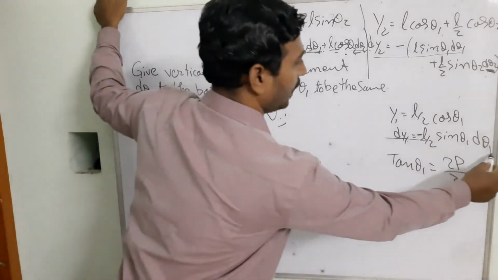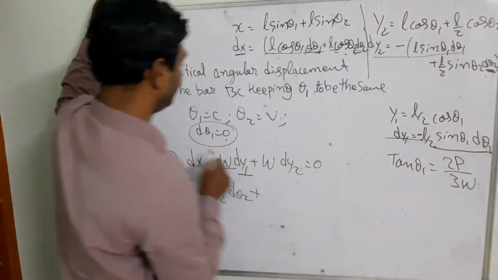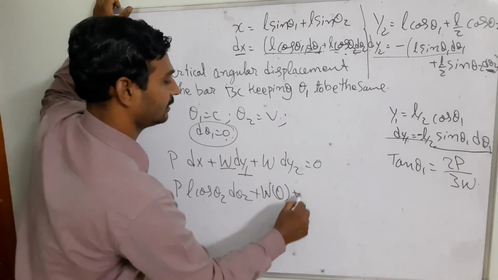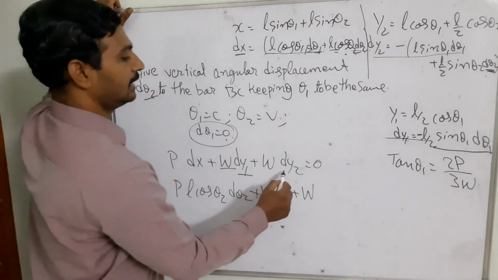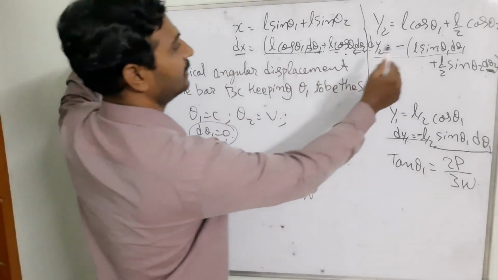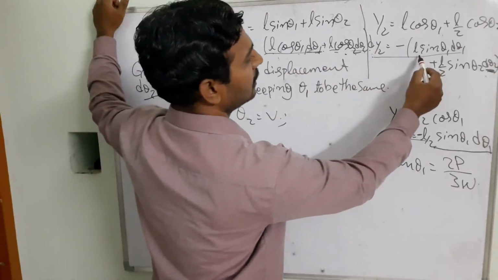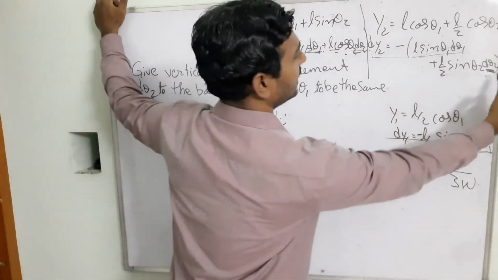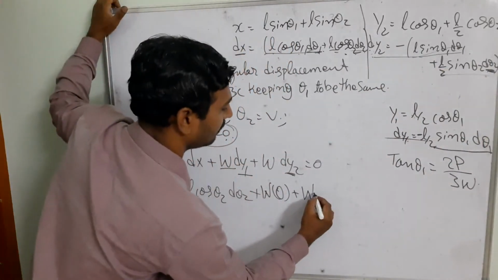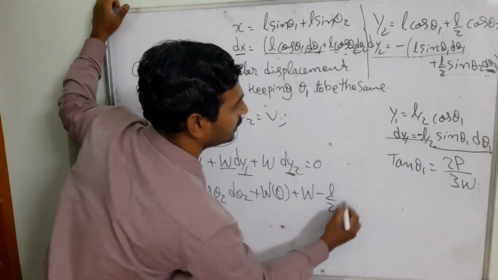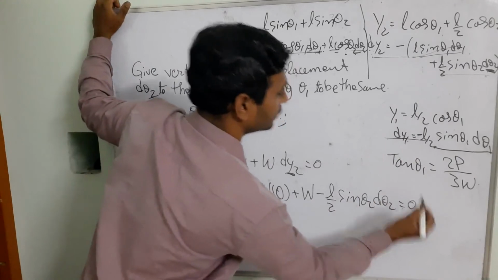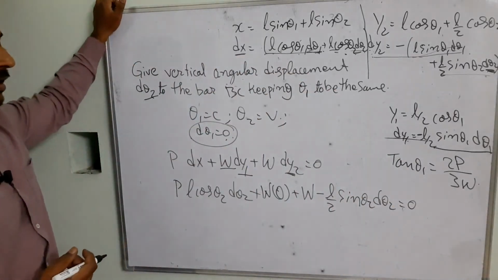In this case we have only theta 1, and d theta 1 is 0, so W into 0 we get. Then W multiplied with dy2, and dy2 is equal to this parameter. The other part is 0, so only this we write: minus of L by 2 sin theta 2 d theta 2 is equal to 0. So this is the value we are getting.